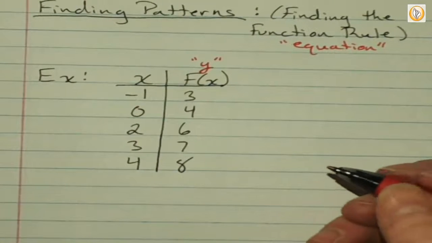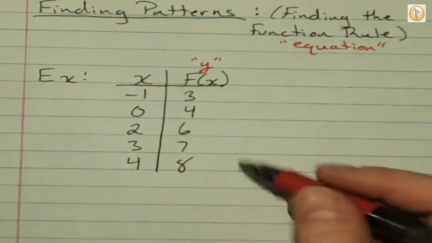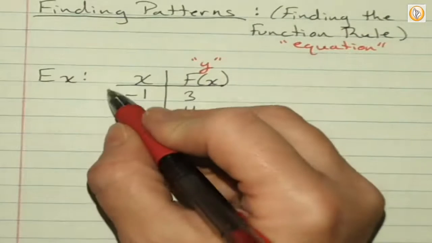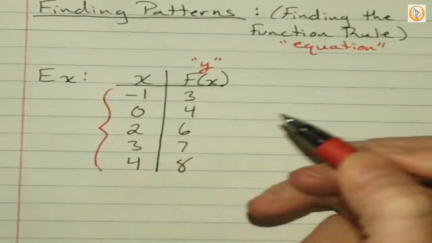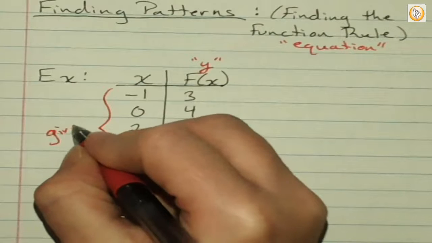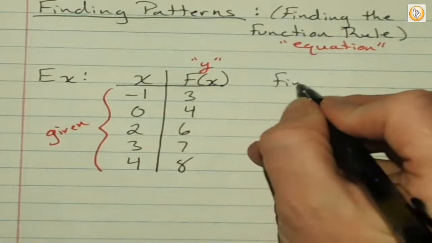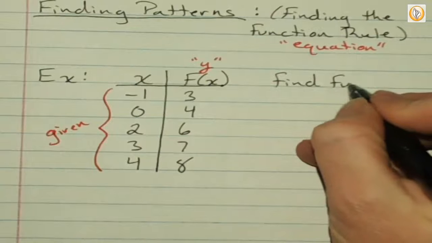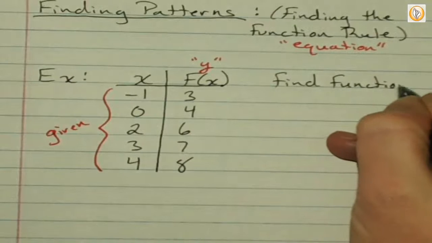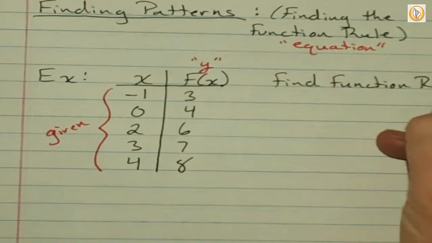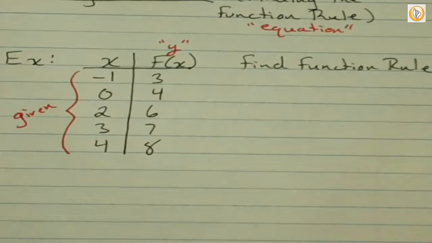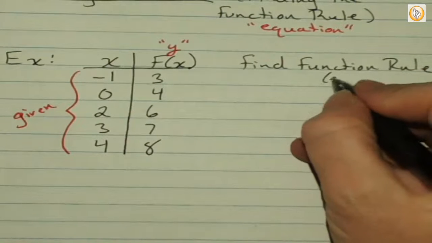Before, they gave you the equation and you had to find your ordered pairs. This time, they gave you the ordered pairs and you have to find the function rule, which is, again, the equation.